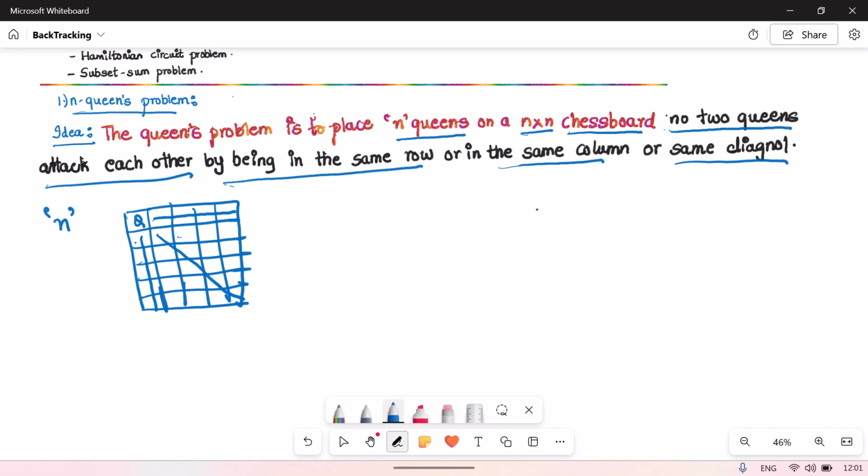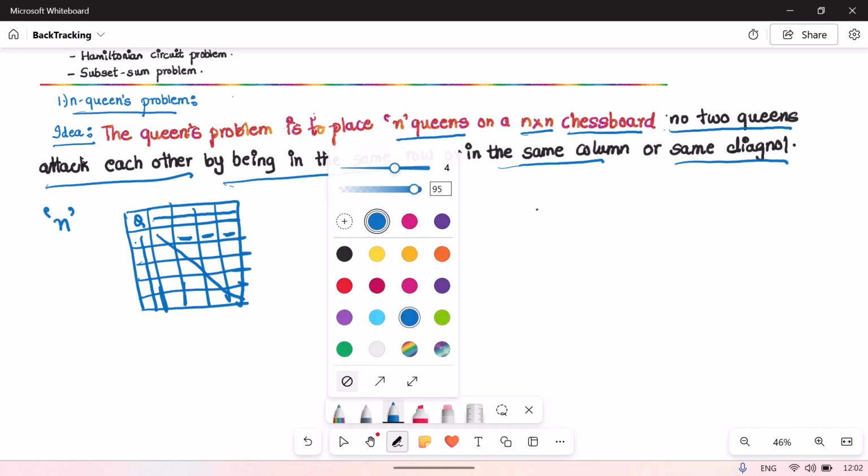So the possibilities, the next queen can come here, here, or here, like this. Okay, so n queen means n cross n chessboard. So if there are 3 queens, that means it is a 3 cross 3 chessboard. If there are 4 queens, it's a 4 cross 4 chessboard. That means total boxes would be 16.